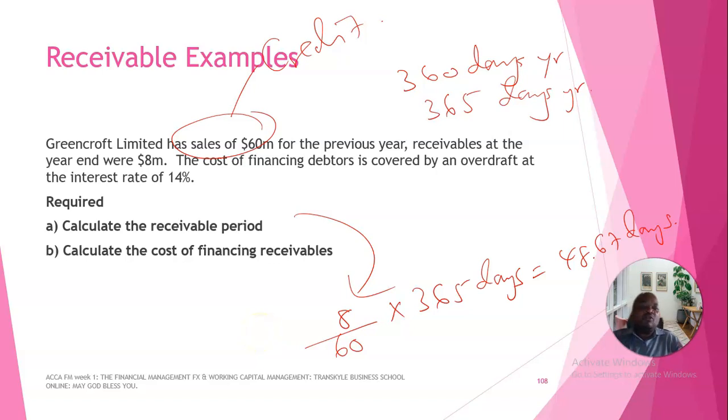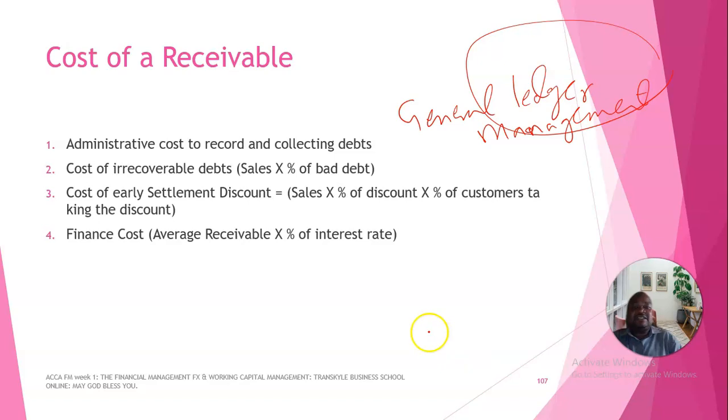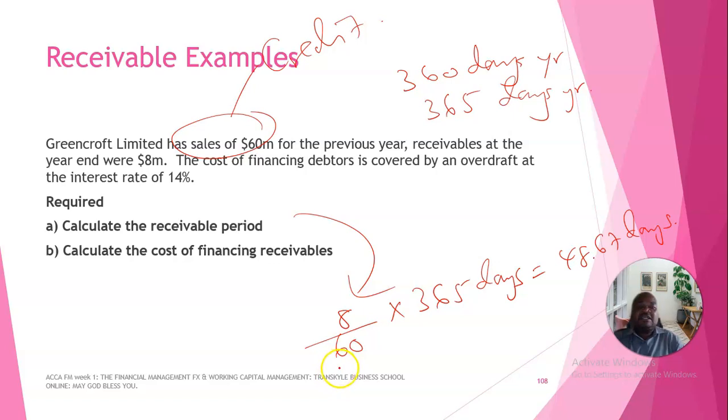All right. Now, what about the cost of financing receivables? We have learned that the formula for the finance cost is the average receivables multiplied by the interest rate or the overdraft rate. So in this case, the receivables were 8 million. Okay, 8 million is given.